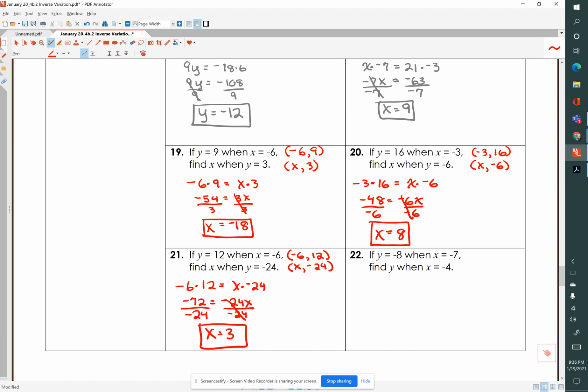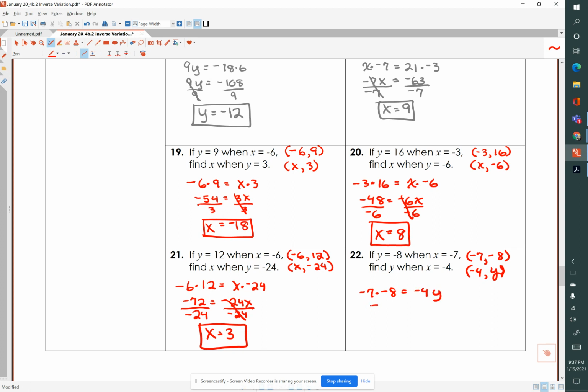And number 22, if y equals negative 8 when x equals negative 7, find y this time. So they're giving us x is negative 4. We're asked to find y. So negative 7 times negative 8 equals negative 4y.